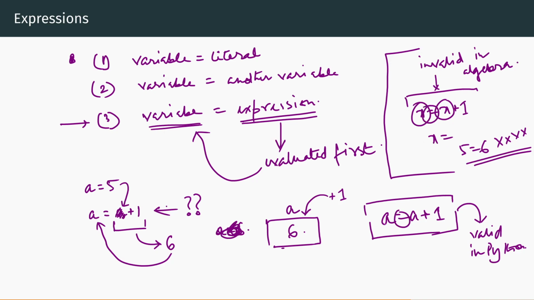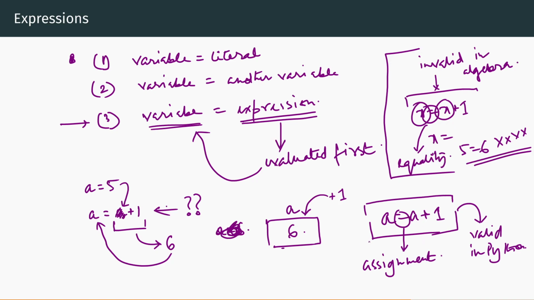Why? Because the equal to in algebra versus the equal to in Python, they are fundamentally different operations. Here, the equal to stands for assignment, whereas in algebra, the equal to stands for equality.